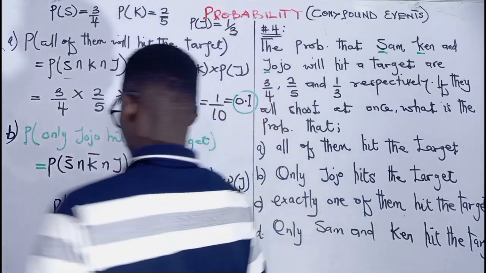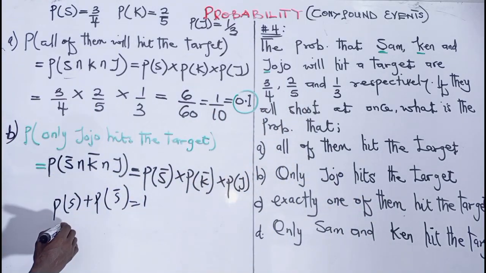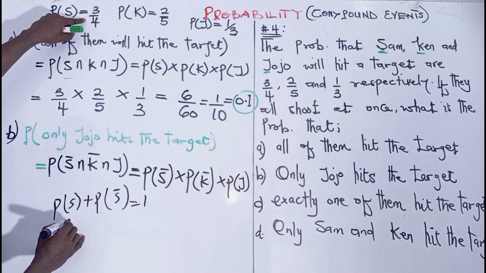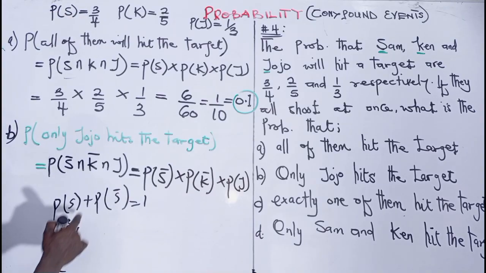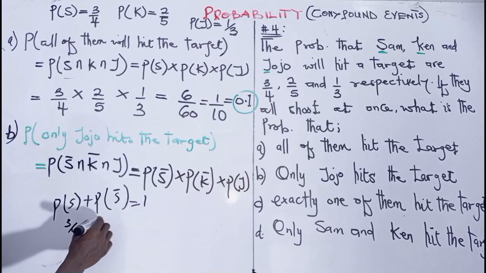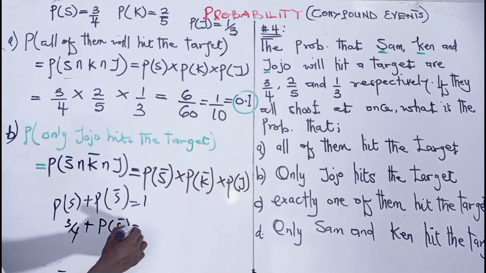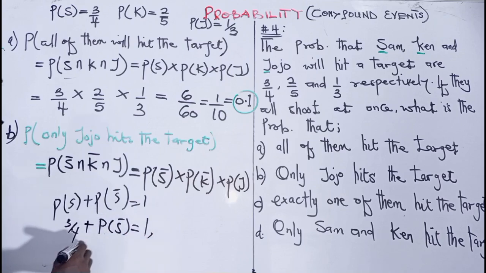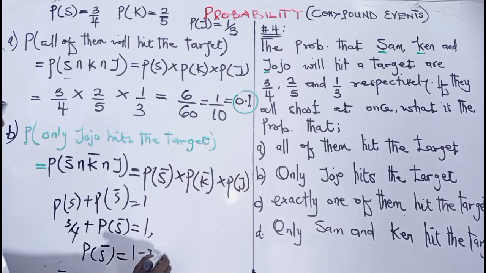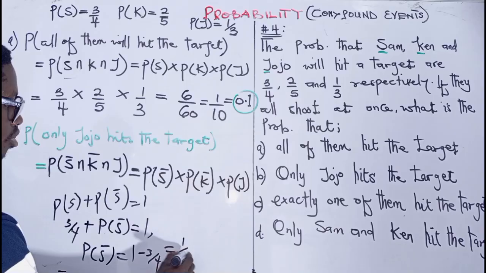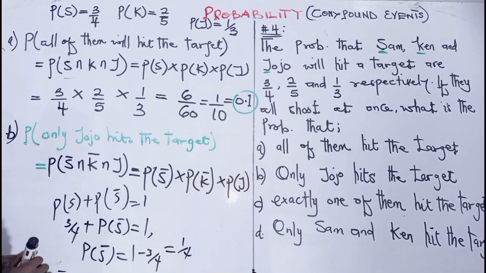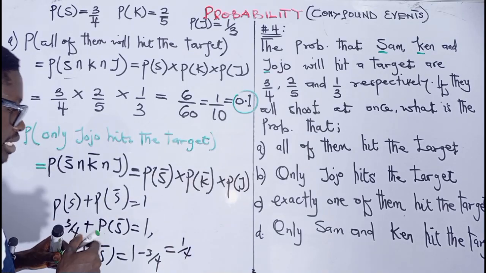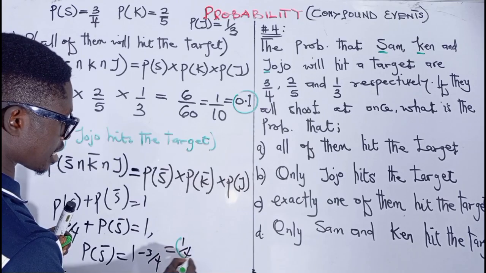We know that Sam hitting the target is 3 over 4, plus the probability that Sam will miss the target is equal to 1. So the probability that Sam will miss the target is 1 minus 3 over 4, which gives us 1 over 4.